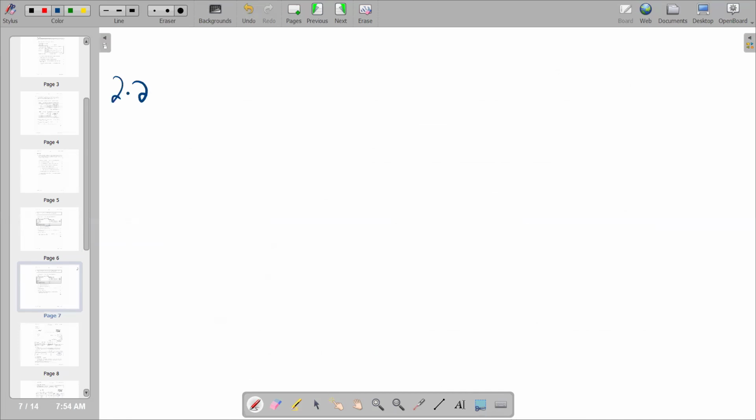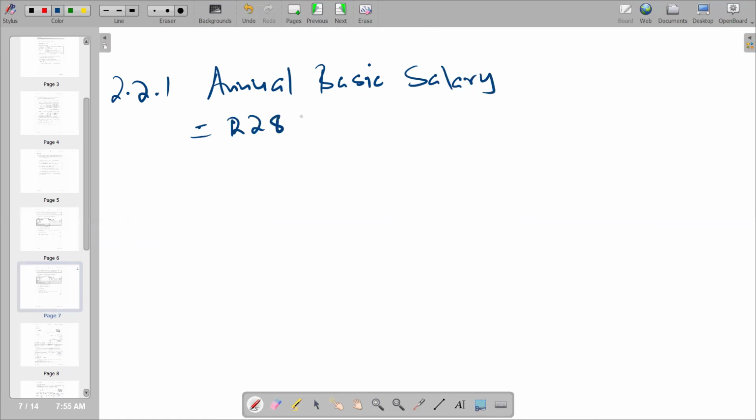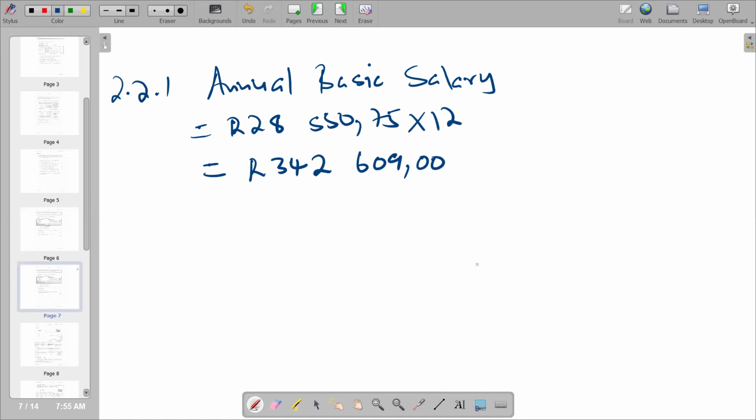For 2.1, you say annual basic salary is equal to... So basically this is the annual basic salary.